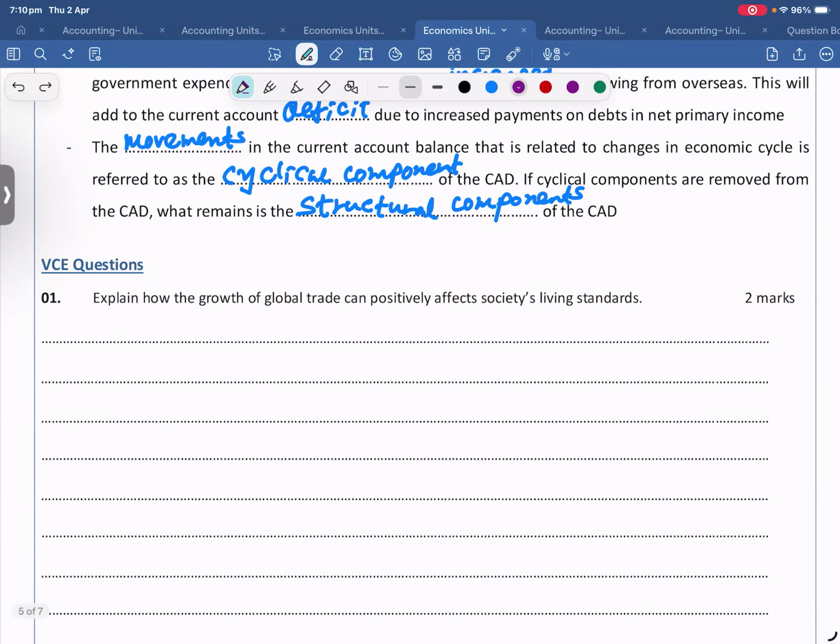Okay, so then write this on trade. Trade encourages international specialization.